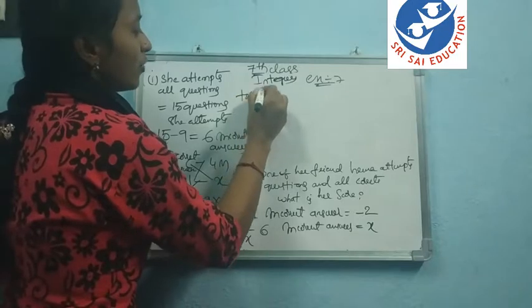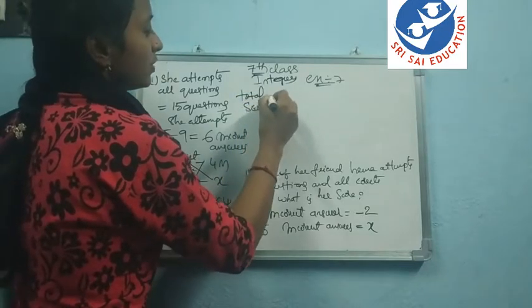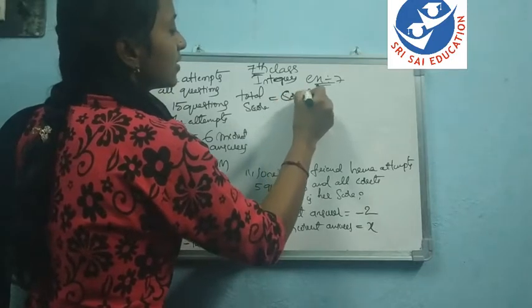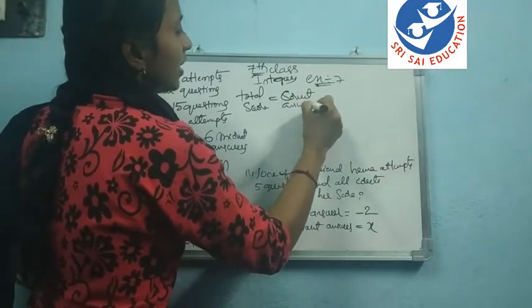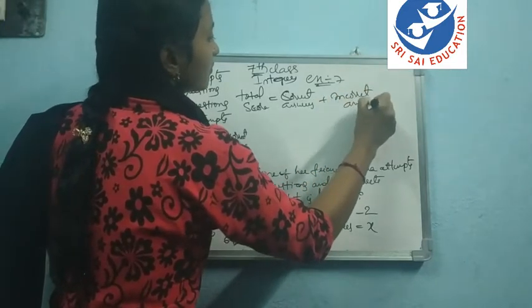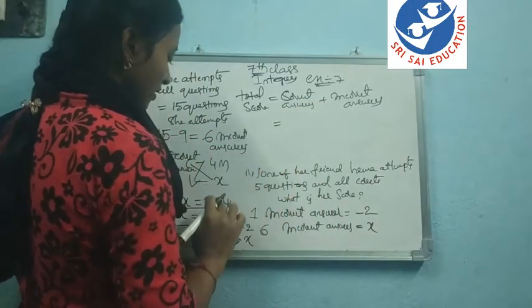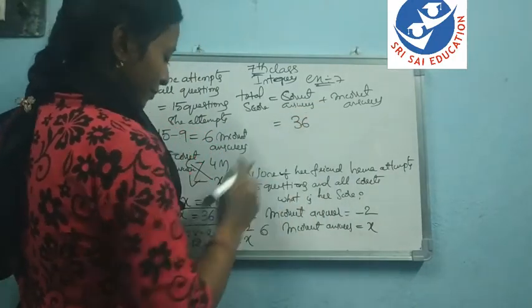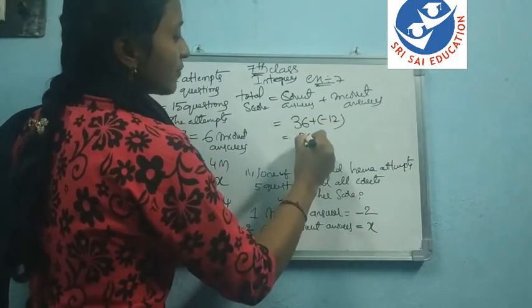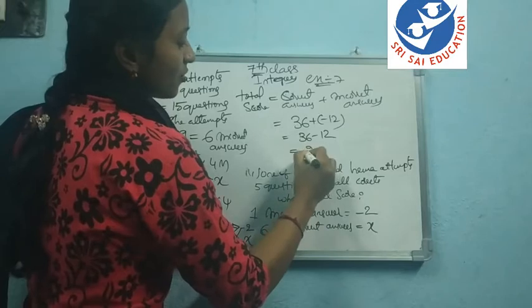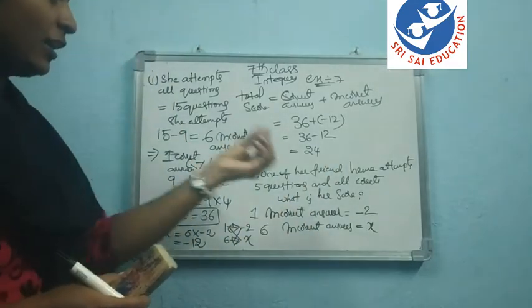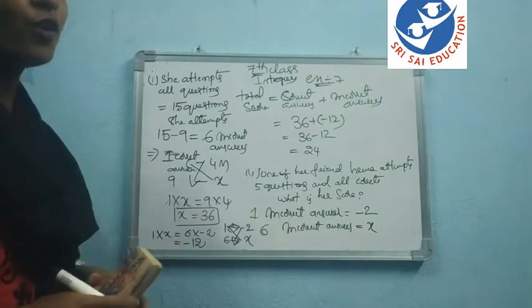So correct answers score 36, plus incorrect answers, minus 12. 36 minus 12, that is 24. 24 marks. Bharati gets 24 marks.